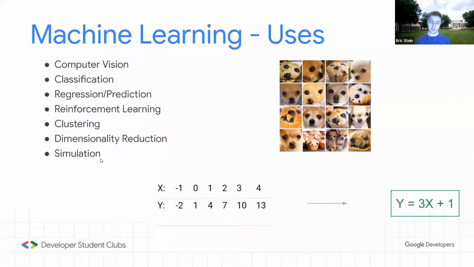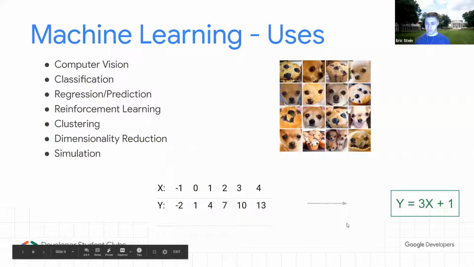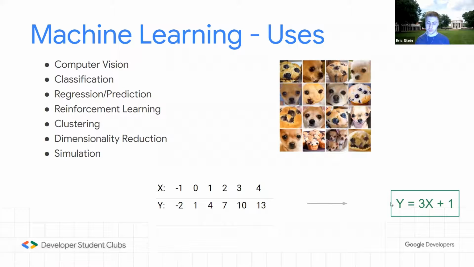You could run a whole simulation on the human genome, for example, and simulate different diseases and see which genes help combat those diseases. Really interesting. And this down here is just an example of regression. You probably have seen a linear equation in your life. A machine learning model would be able to do this, but on a way more advanced scale.